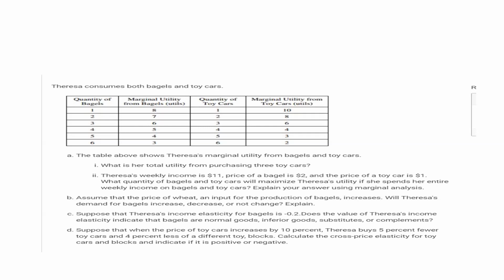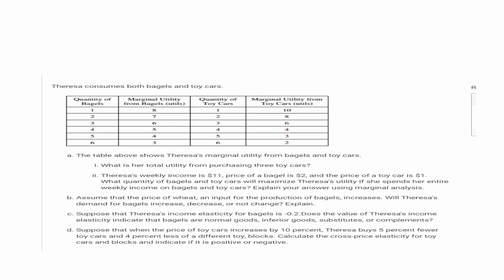So 4 equals 4. If I look here, she buys 1 bagel times $2, she spends $2. She buys 4 toy cars. She only spends $6. They say spend all 11. So I know that isn't right. So I go to the next one. I know 3.5 can't be right, those are all even numbers.